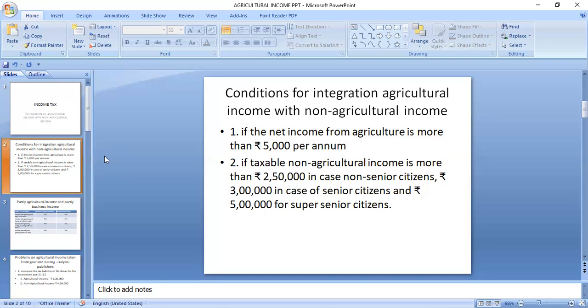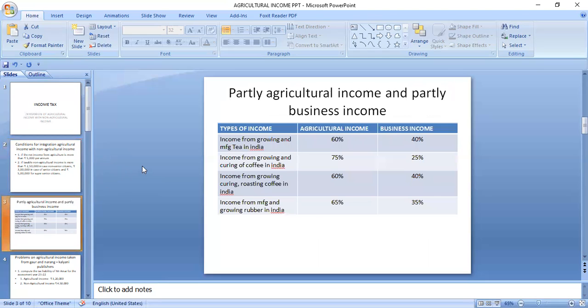Non-agricultural income may be income from house property, salary, other sources, or capital gain. Now, there are different incomes, like we grow and manufacture tea in India. Can we take it completely as agricultural income? No, you have to take it partly as agricultural income and partly as business income.